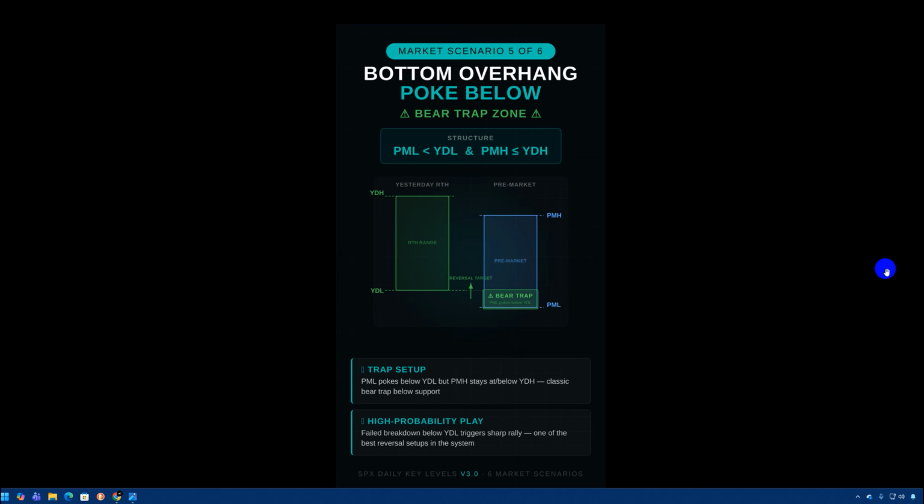So this is a tentatively bearish bias market scenario. However, it does have long trap dynamics and often sets up reversal rallies.